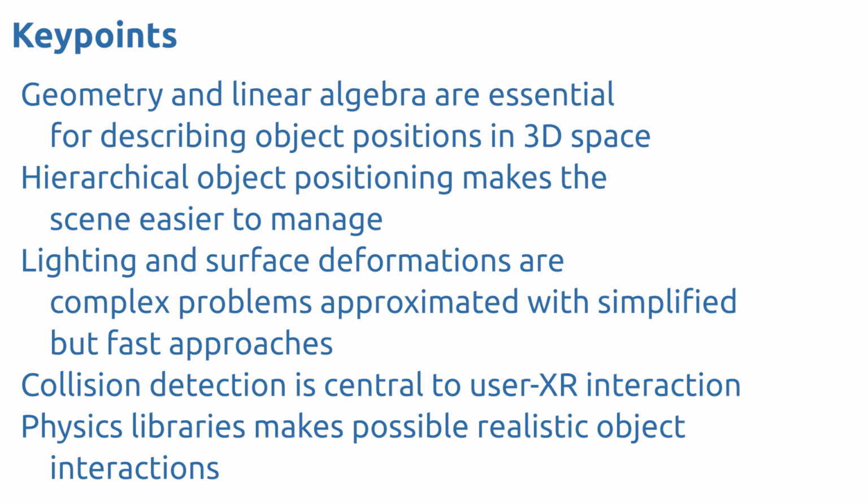Proper solutions to such problems reduce the interactive rate of the application, but good enough, simplified, and fast solutions are available. The core of any interaction is collision detection and is consequently central to user-XR interactions. Realistic interactions require physical equations to be implemented, but physics libraries make this quite approachable for rigid body interactions.